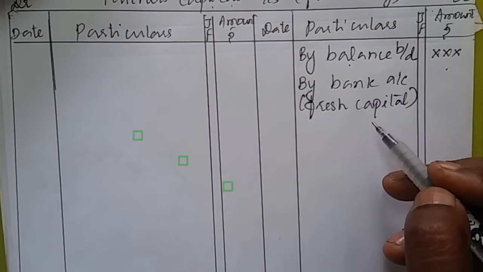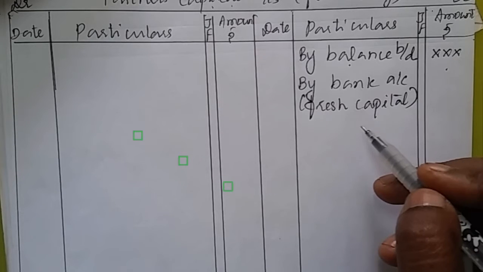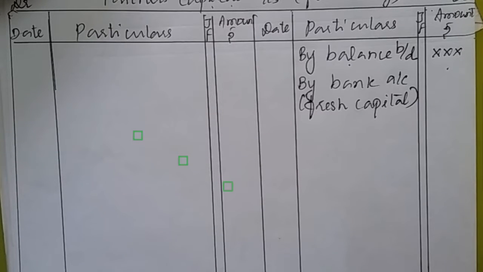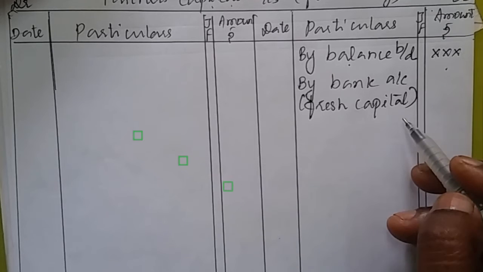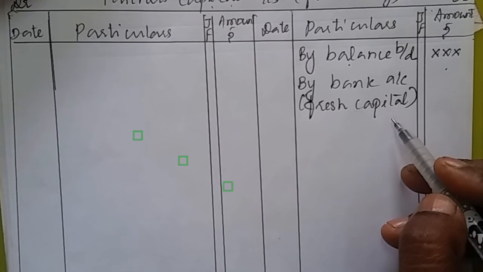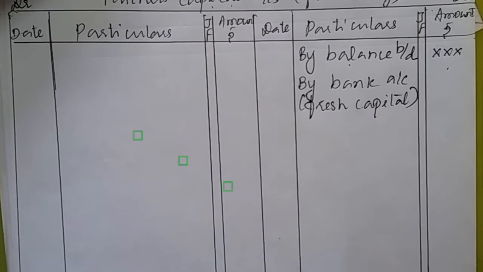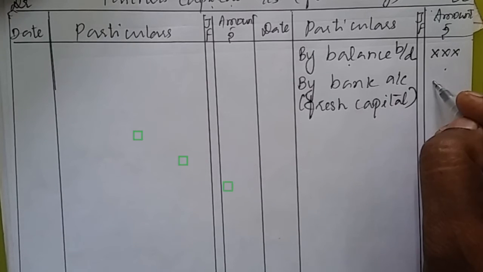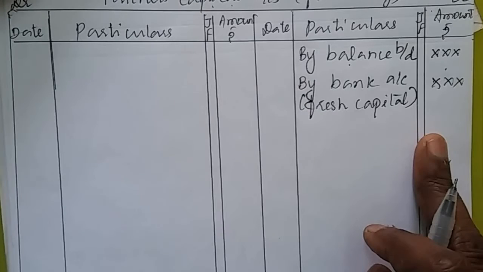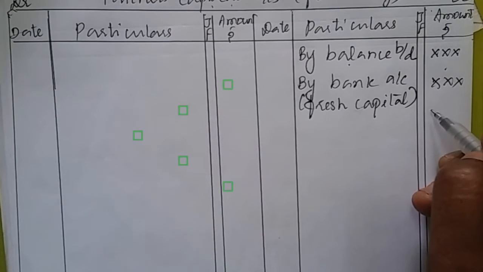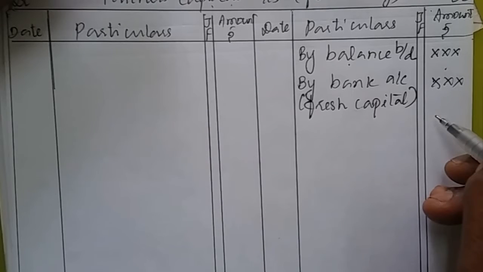Based on the nominal account rule, all the incomes and gains should be shown on the credit side, and all the expenses and losses should be shown on the debit side. So I write this. Why do I write XXX? Because it is a pro forma; you should not write the values. You have to show only this in the pro forma. When we do problems, we enter the values.